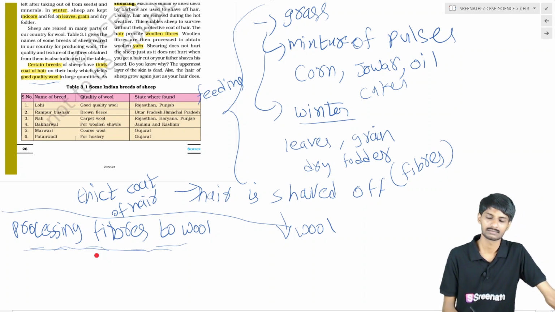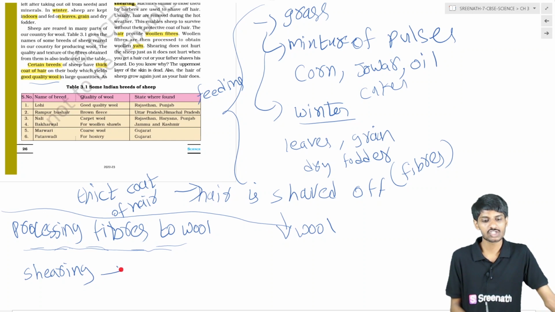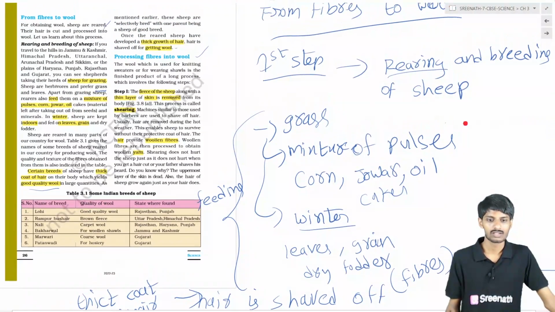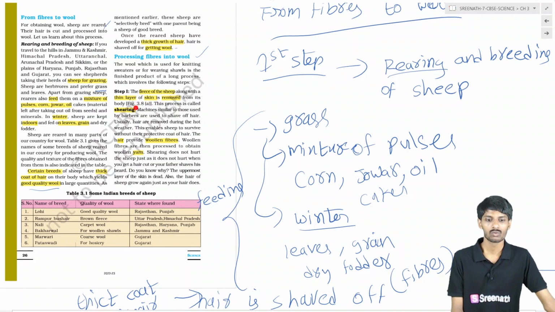In this process, first the thick coat of hair is there, so that will be cut off. The first thing we do is shearing. What does shearing mean? Shearing means cutting the hair along with a thin layer of skin. That is the first process we are doing.